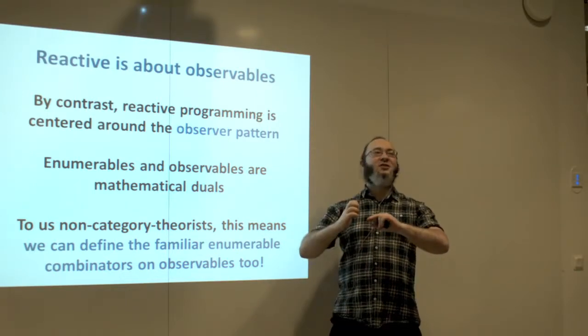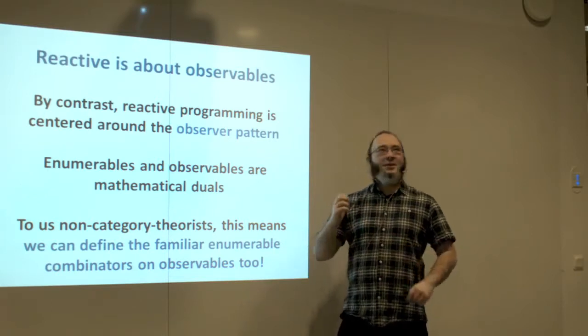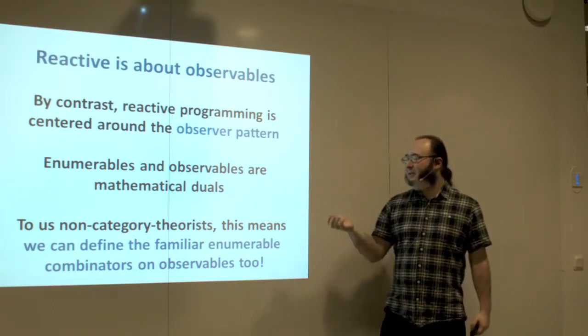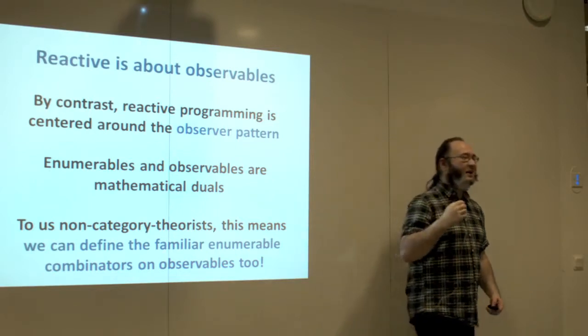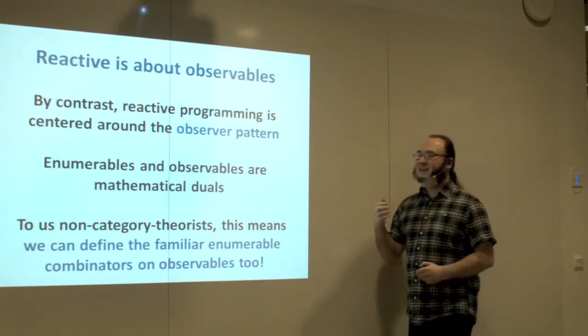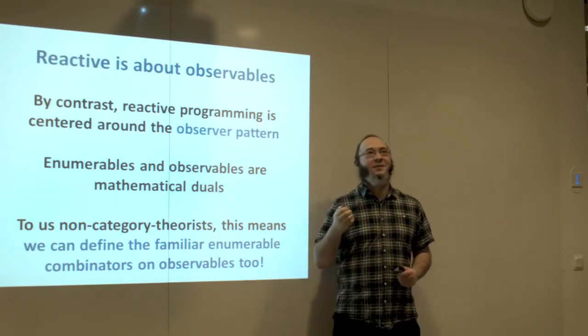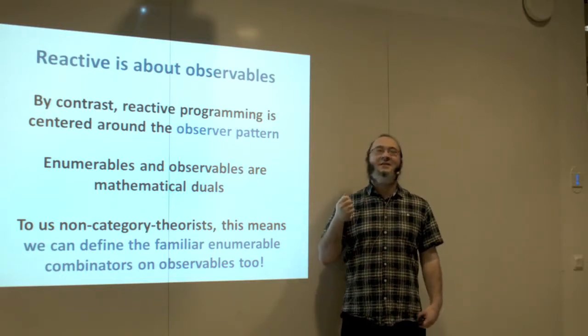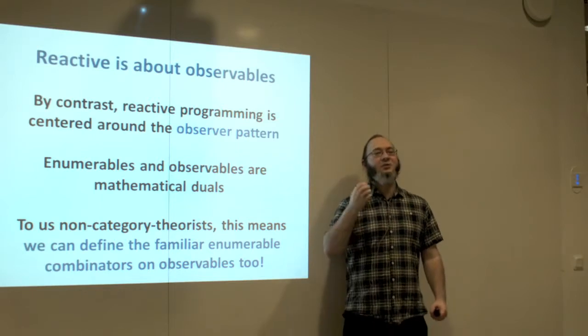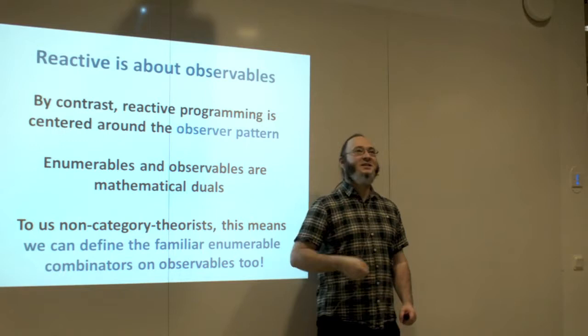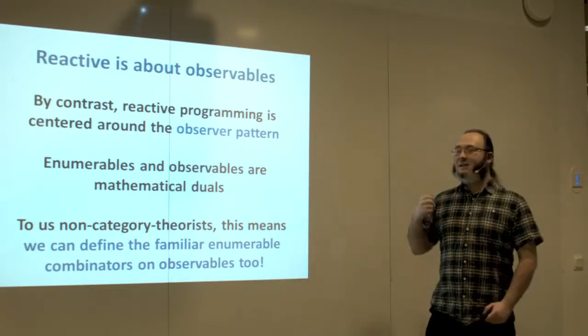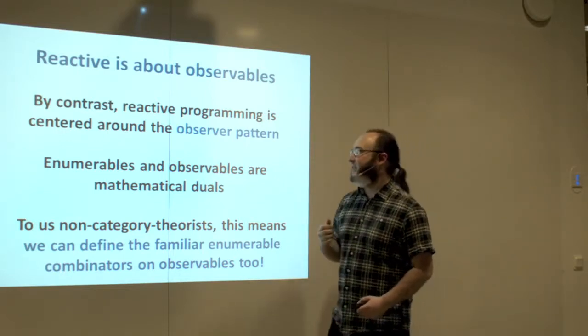Or you just drop the ones that don't. So you end up being able to define all of these things on observables just like you can on enumerables, and that's where the reactive paradigm came from. This is really powerful because it lets you reuse all of the knowledge you have about working with enumerable sequences, but use it to build up asynchronous things.